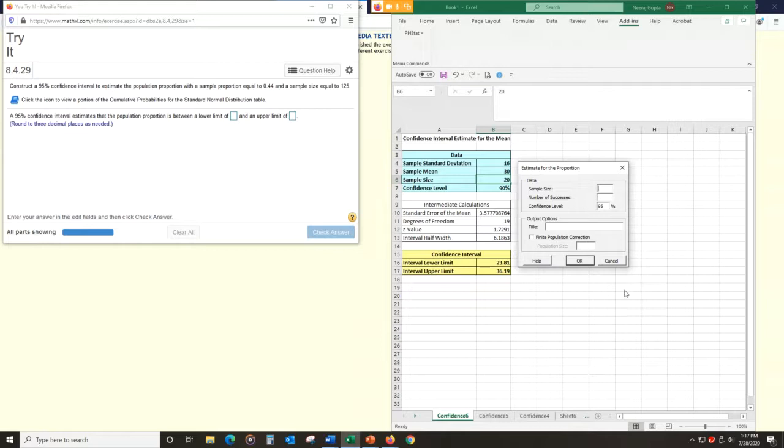You said number of successes would be 0.44 times 125? Yes, because number of successes is a whole number, not a fraction. The proportion is a percentage. If I say you score 90%, that is your proportion.